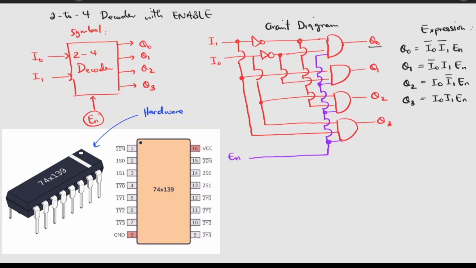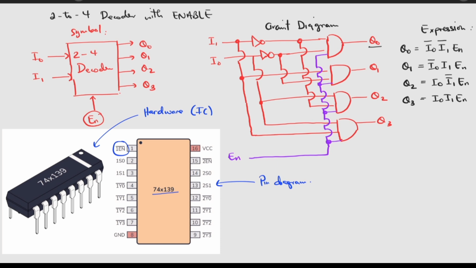And now we have the hardware or the IC, and this is the pin diagram. Now we can see from this pin diagram that we have two 2 to 4 decoders inside this particular IC, 74139, and we can see that for these two 2 to 4 decoders we have two enables.